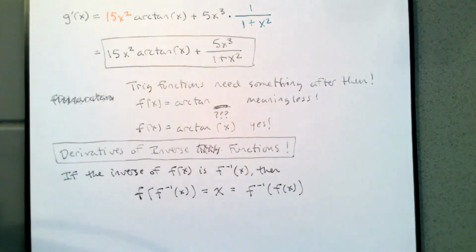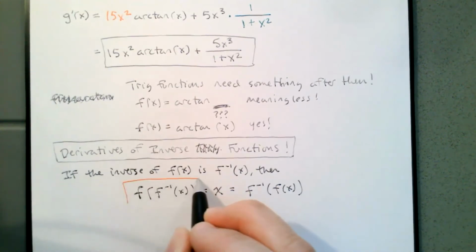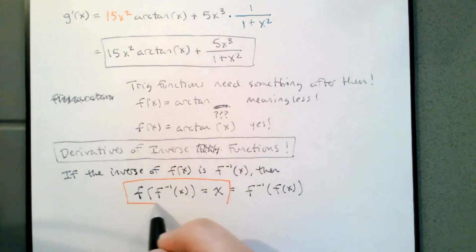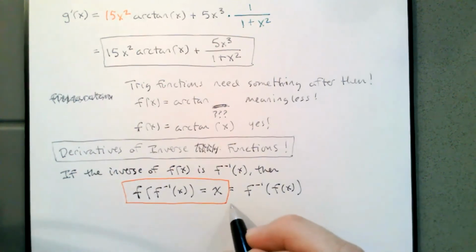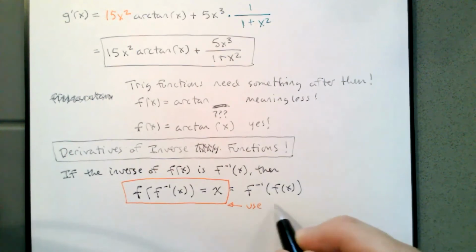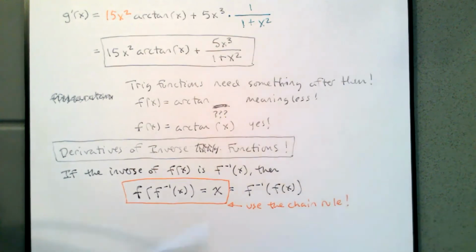So our strategy for finding the derivative of an inverse function is to use the first part of this. We're going to apply the chain rule to this equation to find the derivative of f inverse. So I want to find the derivative with respect to x of f of f inverse of x with the chain rule.